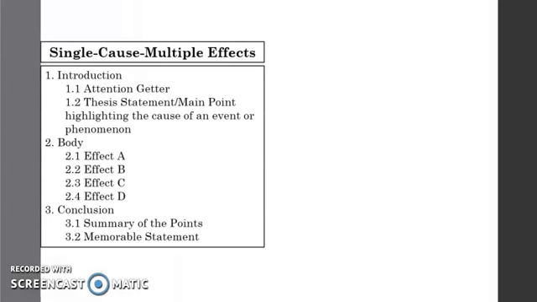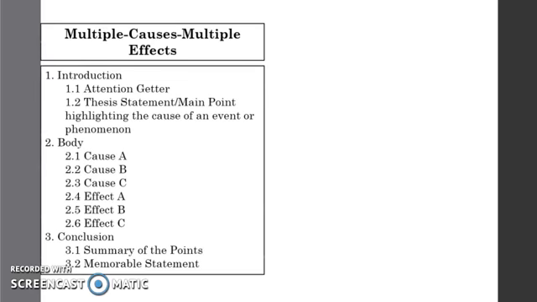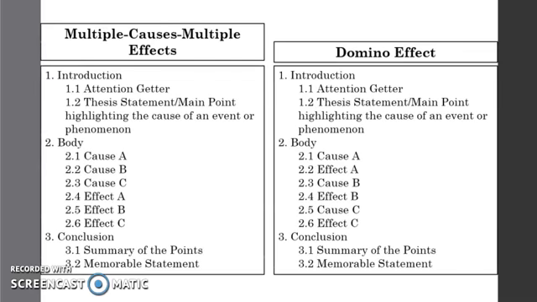As for the single cause, multiple effects, this is how it looks like. And then for the single effect, multiple causes, this is how it looks like. You may pause this one for you to better understand how each outline looks like. And then we also have multiple causes, multiple effects, and the domino effect.